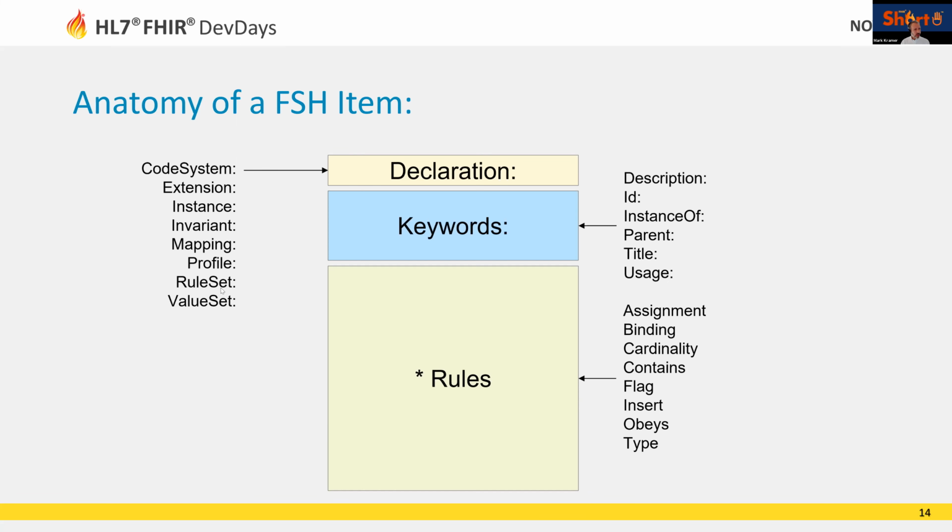Rule sets I won't go over, but it's a way to reuse a set of rules over and over again if you see them in the same place multiple times. The list of keywords listed here is a subset, but these are the common ones. And then there's a set of about 10 different types of rules.